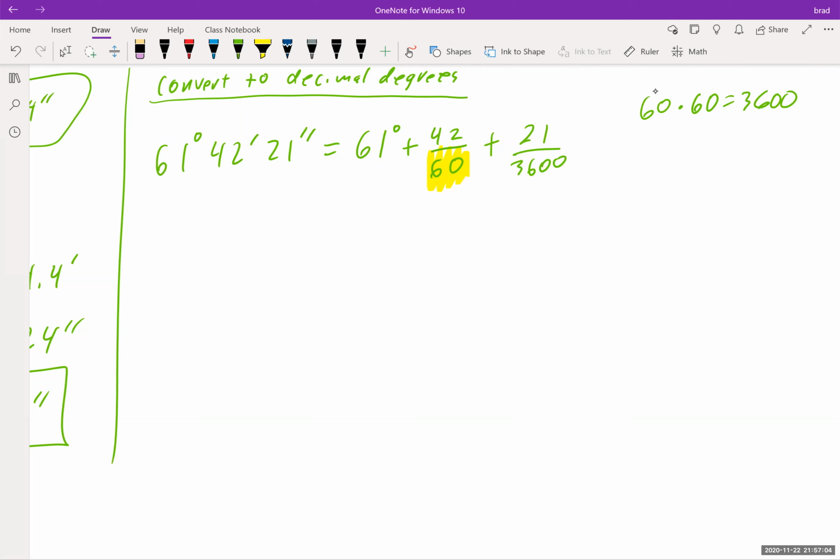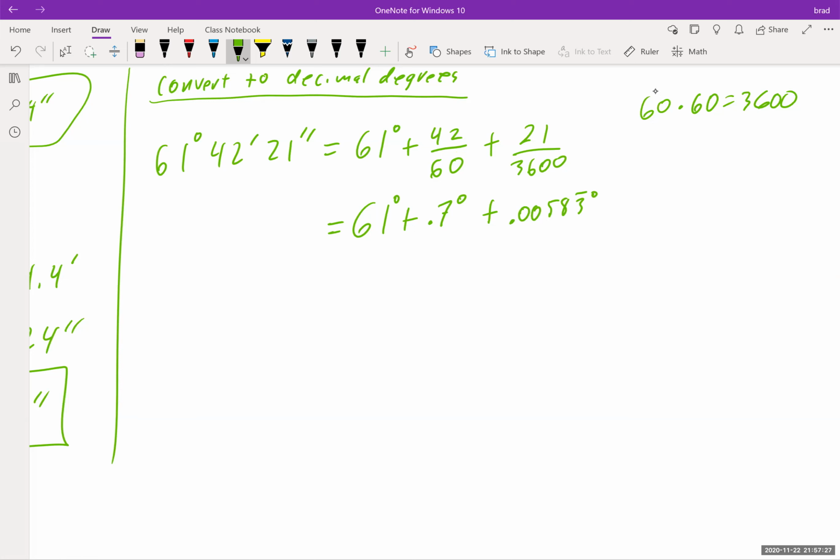So let's just see what we get. So this will be 61 plus 0.7 degrees. And then you take out your calculator and you do 21 divided by 3,600 and you get 0.00583 bar degrees. And that just means it repeats itself on and on.